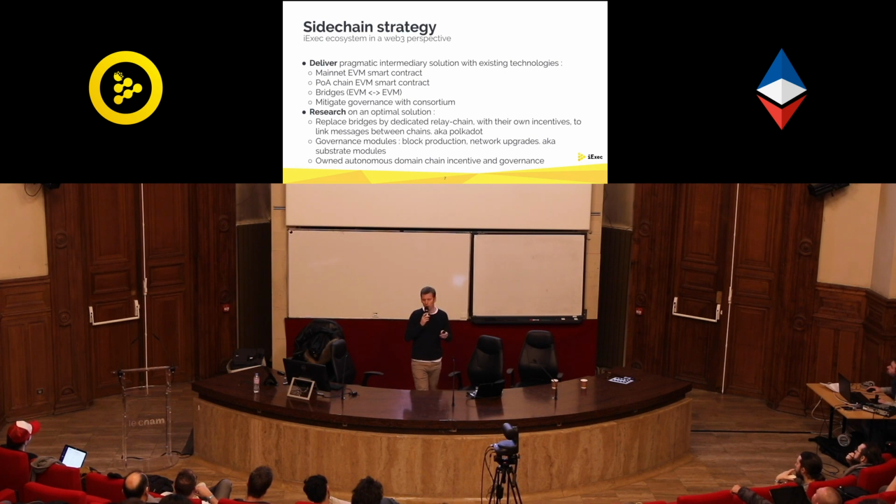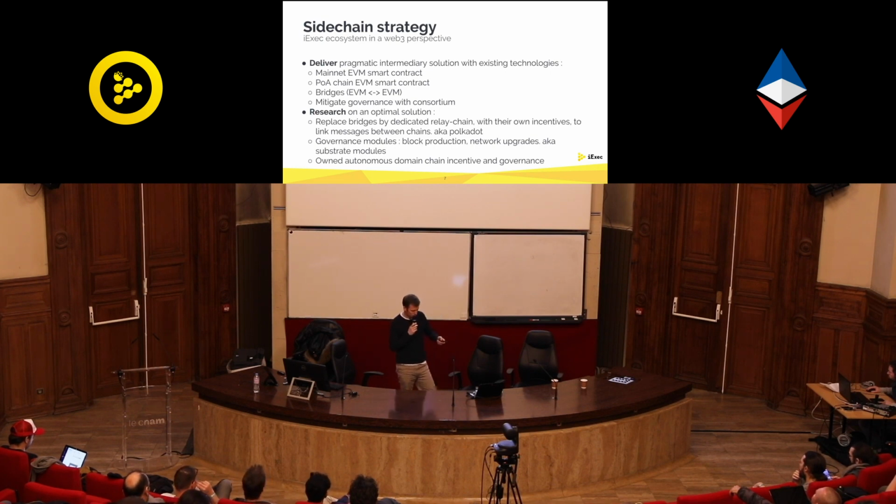And we also need what has been presented in the previous presentation, all these kinds of governance models and other things like that. So our ultimate goal is to have an autonomous chain with its own incentive and also all the governance parts that is in research now. So these are the two aspects I will now present.